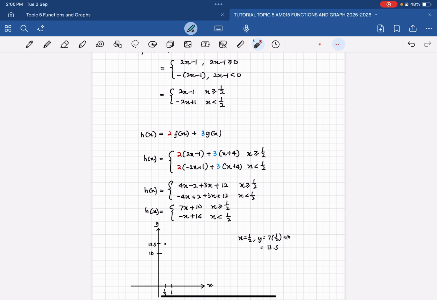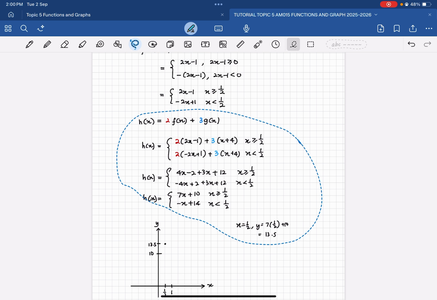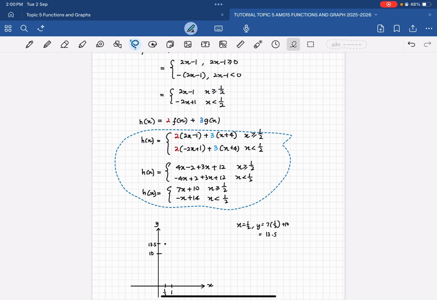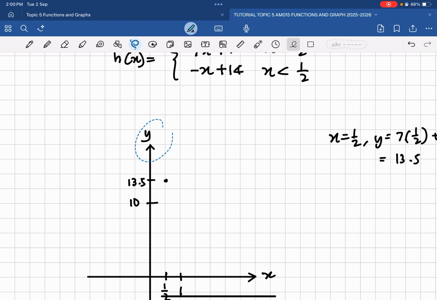Let's bring the graph up here. 14, 16, 18, 17 is somewhere here. Okay, if we connect the lines, it's going to look like this.